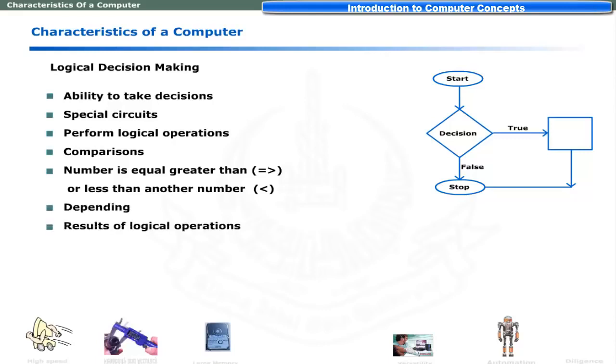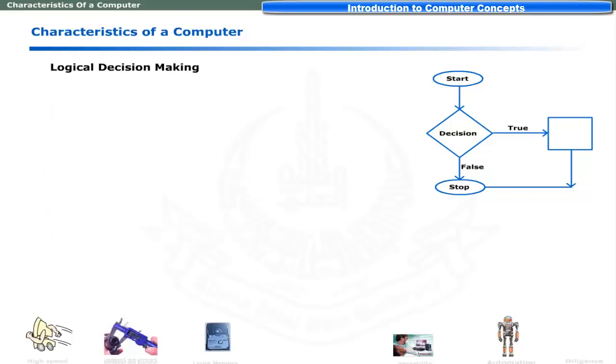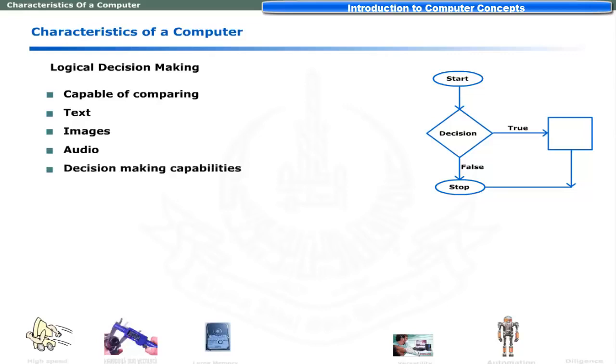Depending upon the results of logical operations, a computer can take appropriate actions. A computer is also capable of comparing text, images, and even audio. The decision-making capabilities of computers have led to the invention of artificial intelligent machines.